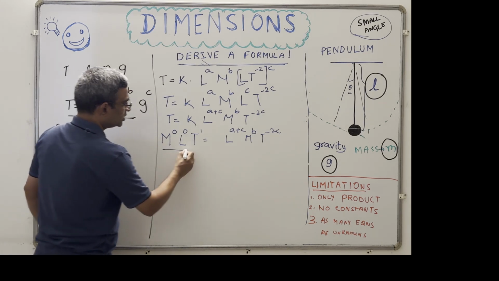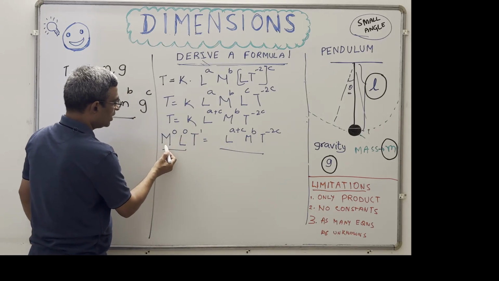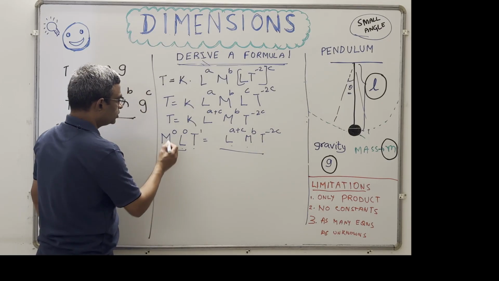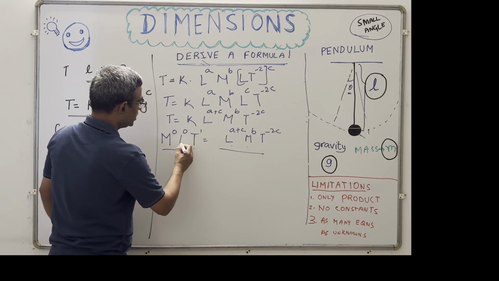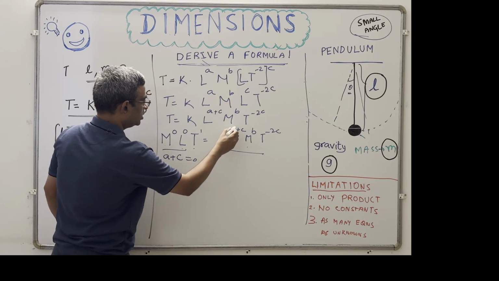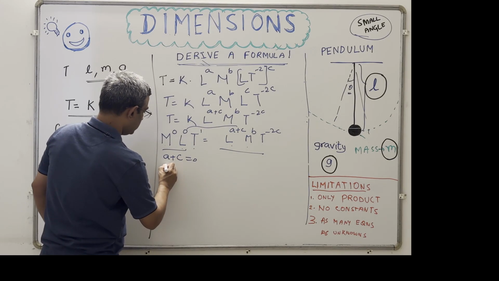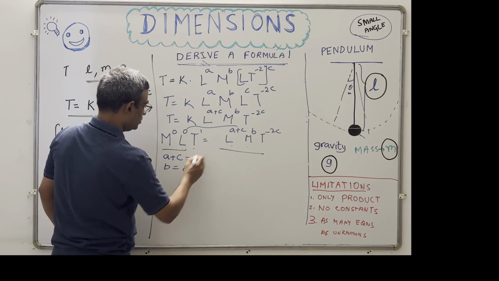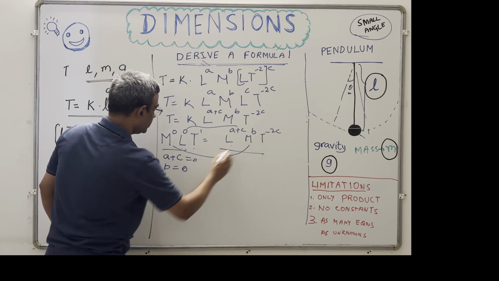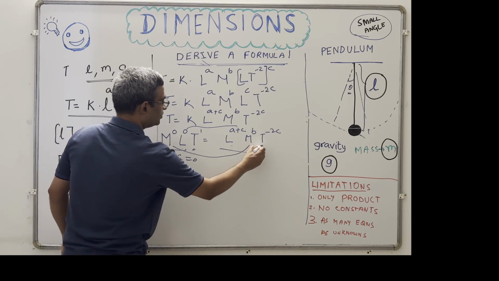So if you look at this and we equate the powers, because we have dimensions m, l, t on both sides, a plus c is 0, these two, and b is equal to 0, these two, and minus 2c is equal to 1 for the time period.